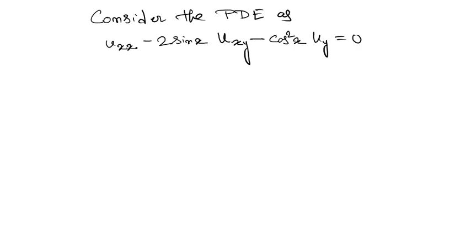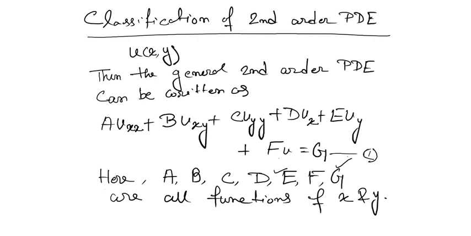Now I want to classify this second order PDE. For that I have to compare this equation with equation number 1, that is here. If you remember, this is equation number 1. Let me just underline it for your convenience.